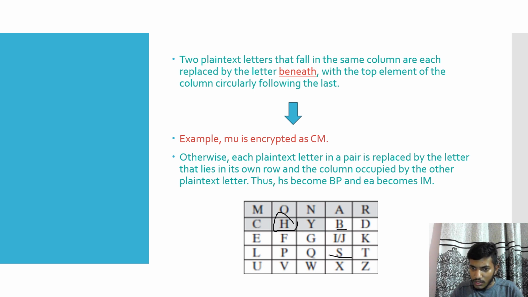We are doing column substitution, right? So B is the ciphertext for H, and P is the ciphertext for S. For E and A, they become I and M. See here we have E and we have A here. So for E it is I, and for A it is M.